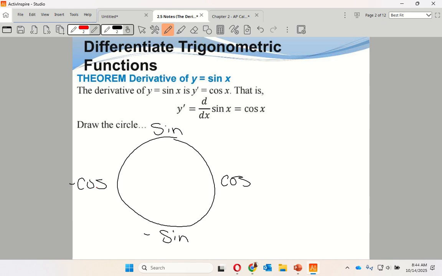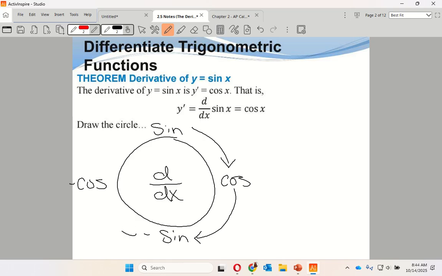So what you're writing in here is d/dx. We are going to have the derivative. The derivative of sine is going to give me cosine. The derivative of cosine is going to give me negative sine.